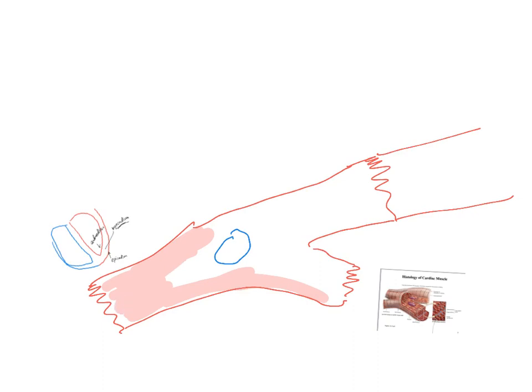They have intercalated discs, yes. What else? What am I not drawing in here? Striations. So they have striations, so it kind of looks like that.